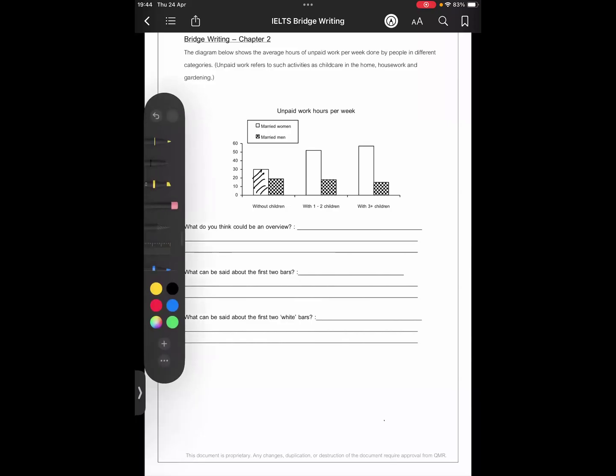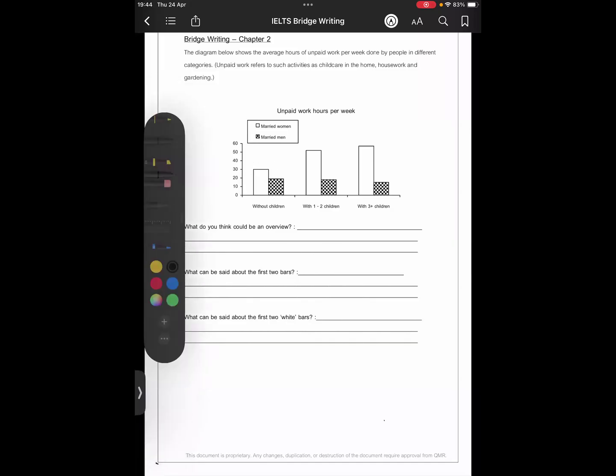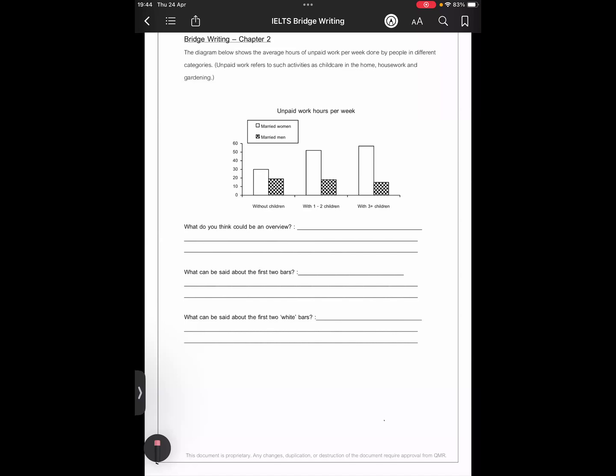Okay, so if you look at just the white bars, then we will notice that the height of the white bar increases with respect to what? The number of children, because when they had no children, the number of hours is only 30.